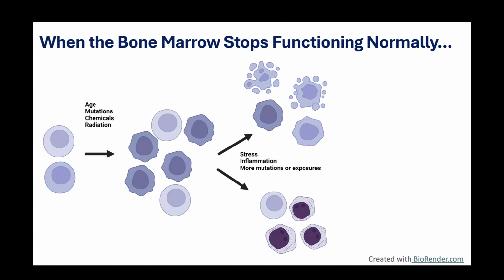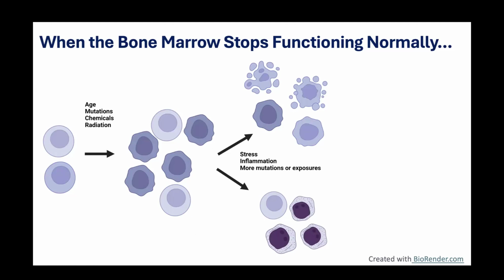And over time, we develop multiple small hits to our genetic matter, which then, if the right combination of errors are created, make the cells somewhat abnormal or dysplastic. That may be a word that you've heard in your oncologist's office, where they're saying there's dysplasia. And that's why the word MDS is myelodysplastic syndrome. The cells don't look normal anymore.